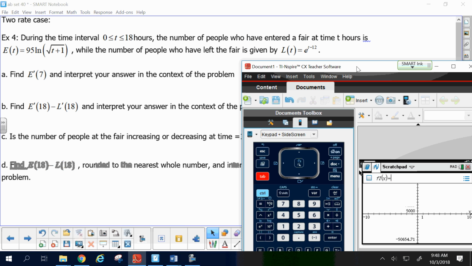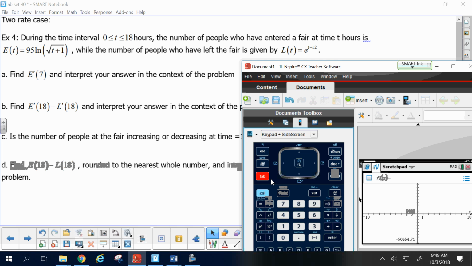Okay, what are my functions? I would strongly recommend that on your paper you write below each one where you put which one. So below E, I would write F1. Below L, I'd write F2, so you know which one's where.